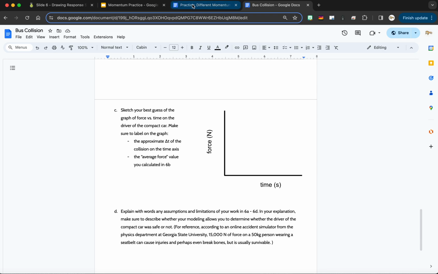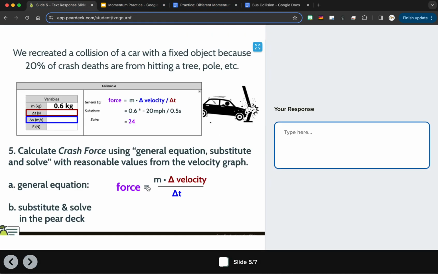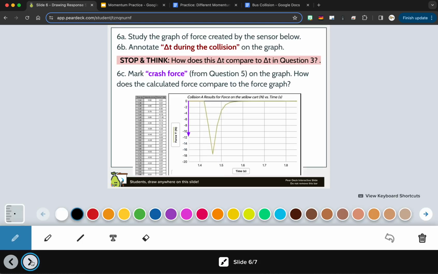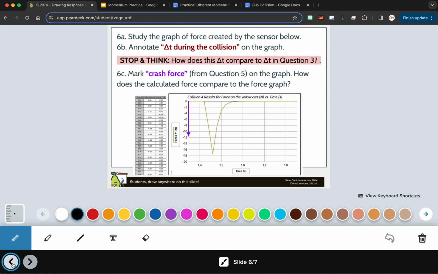If we're calculating an average force with this equation, how does the actual force compare to that average force over time? Question 7 gets into some really tough details of this. If you're not able to do question 7, that's okay. But you should stop and think about question 6A, B, and C, because that's going to be important for us thinking about driver safety going forward.